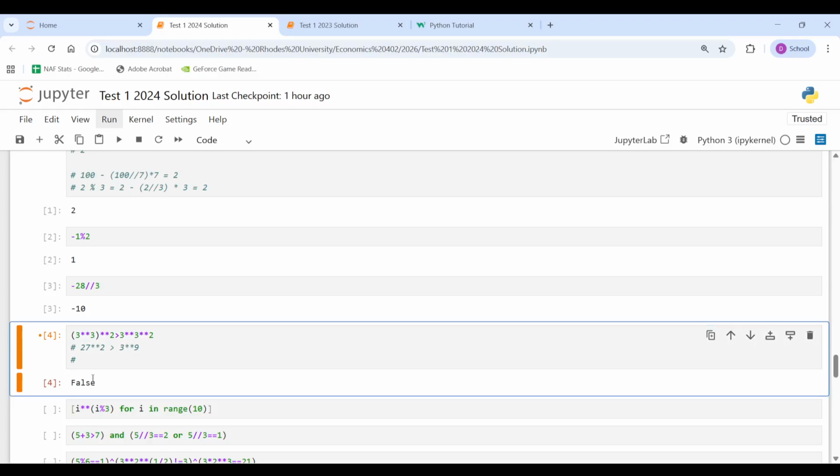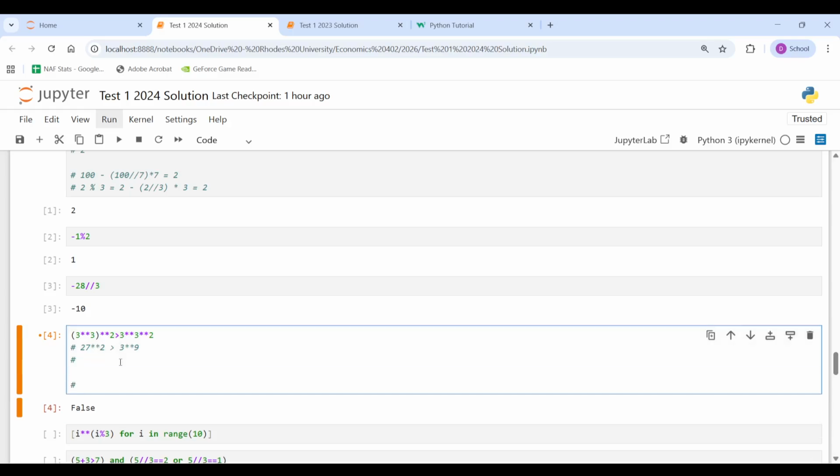So the law is 3 to the power 3, right? To the power 3, but then it's in brackets.